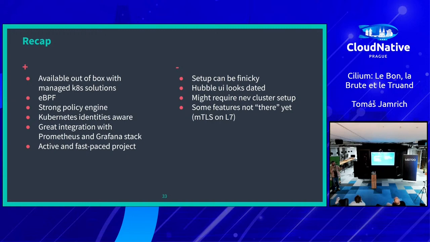The Hubble UI, as you saw before, is a bit dated and not that fast, so to say, but the CLI tool is great. The Hubble GUI is great for observing your data flow, and if you want the ClickOps stuff or the network policies, it's great when you're beginning to dig into it, but then the CLI.